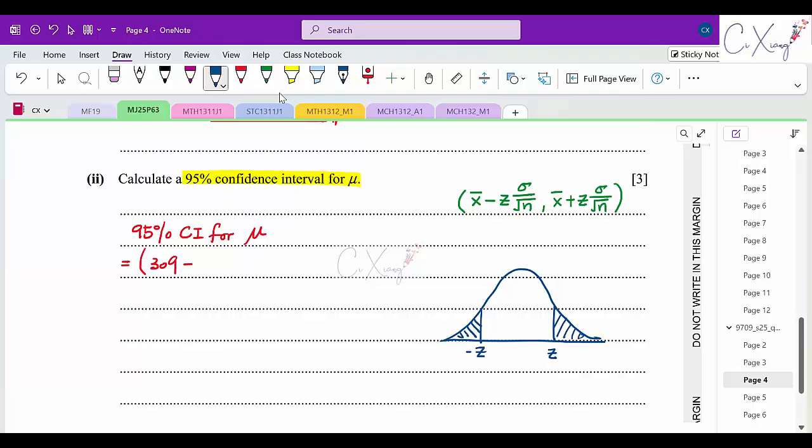And then they say 95%, right? The 95% basically means the area in the center is 0.95. So this is 0.025, this is also 0.025, so that when you add all three areas together, it equals 1. You can see from here that z is the value that covers the 0.975 area of the graph, because 0.95 plus 0.025 gives a total of 0.975.